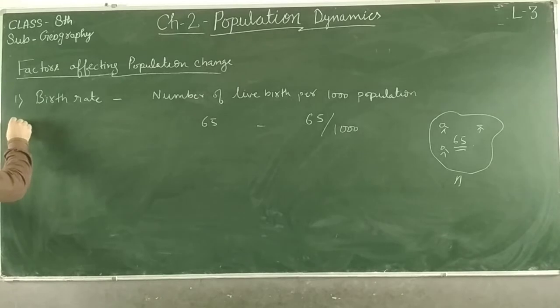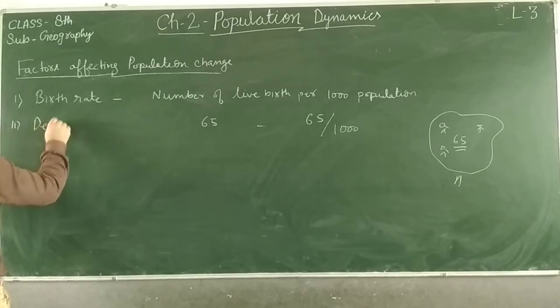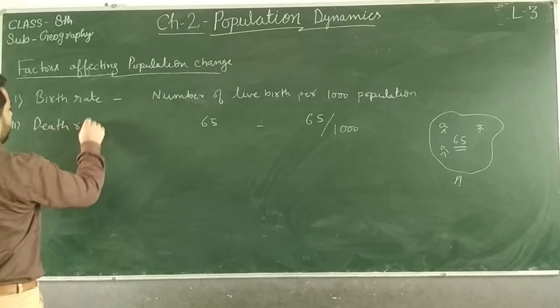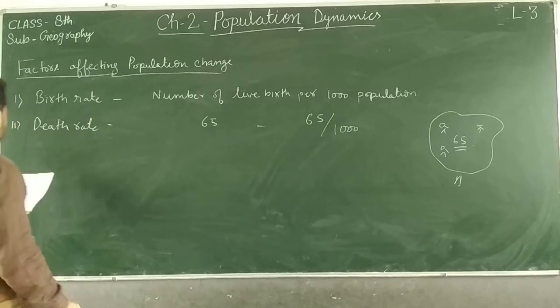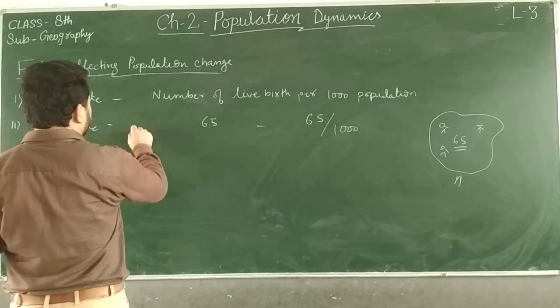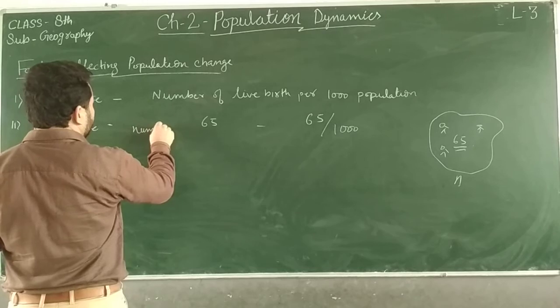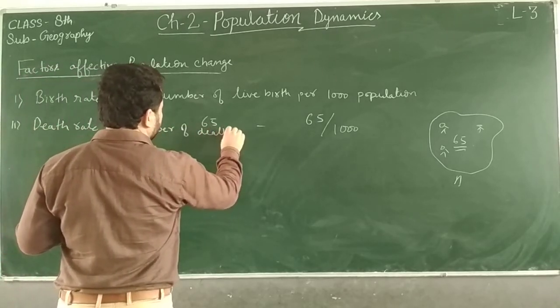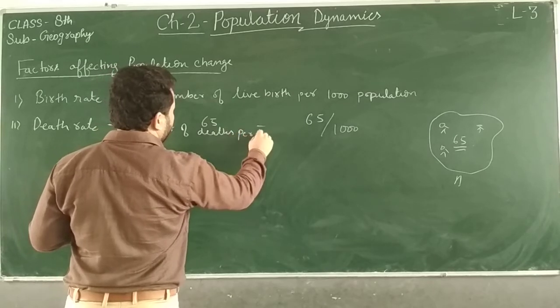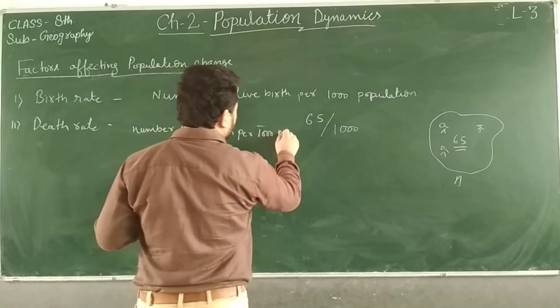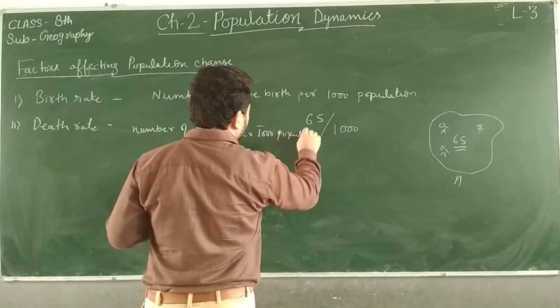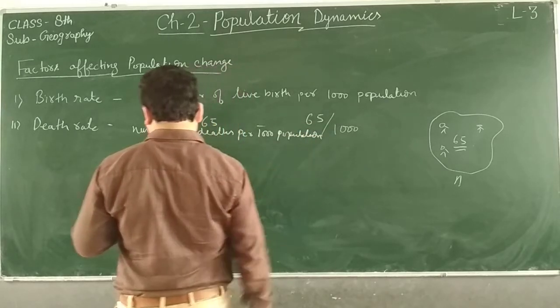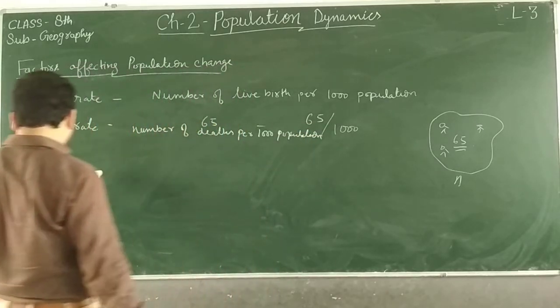Death rate is similar to this. It is the number of deaths per 1000 of the population.